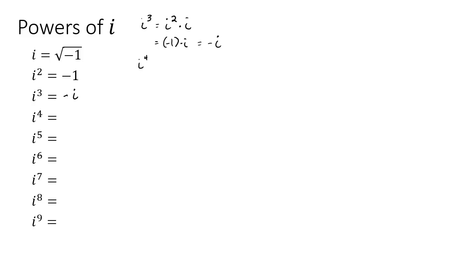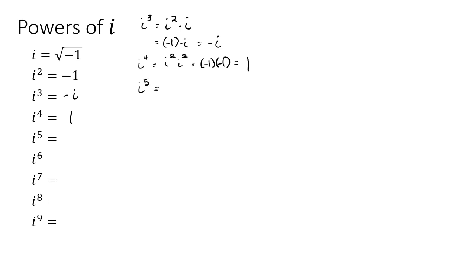There are 2 ways you could think about this one. You could either multiply i cubed by another i and simplify, or another way to think about this one is that i to the 4th is i squared times i squared by properties of exponents. And so if those are both -1, i to the 4th power would end up being +1.